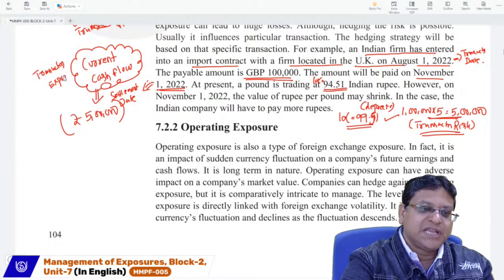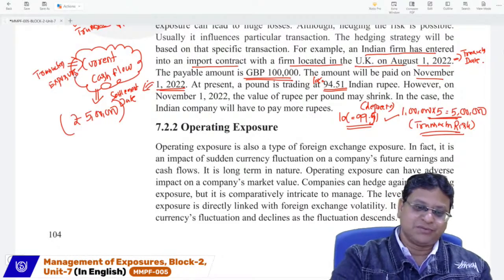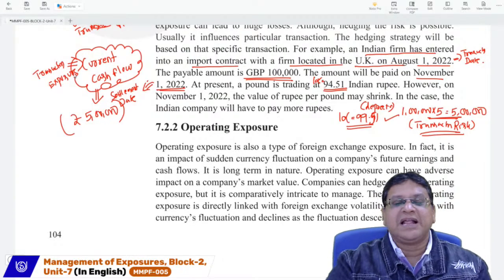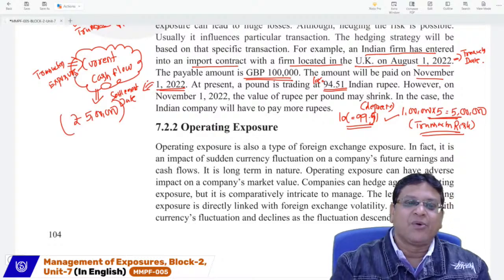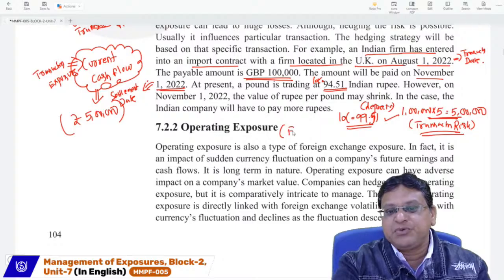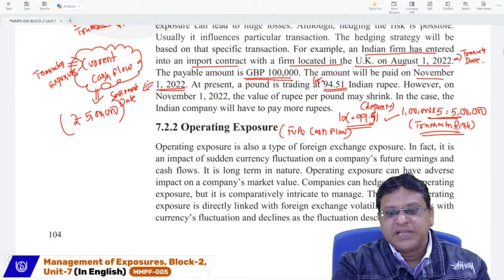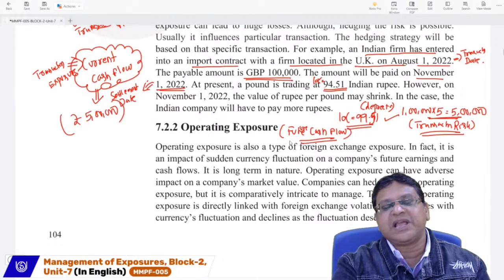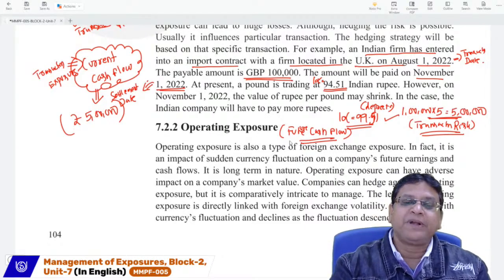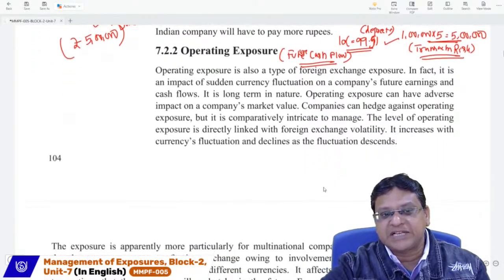Next we will go to the second type of risk, known as operating exposure. What is operating exposure? Transaction exposure affects the current cash flow, whereas operating exposure affects the future cash flow. If due to fluctuation of exchange rate the future cash flow of the MNC is affected, that is known as operating risk or operating exposure.